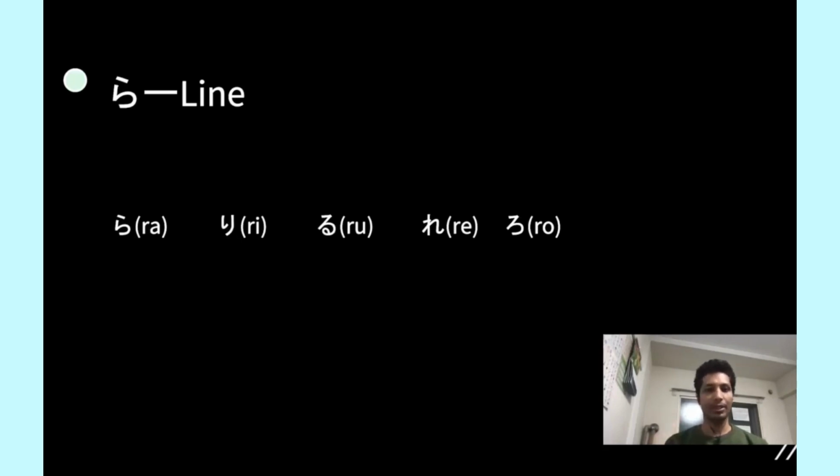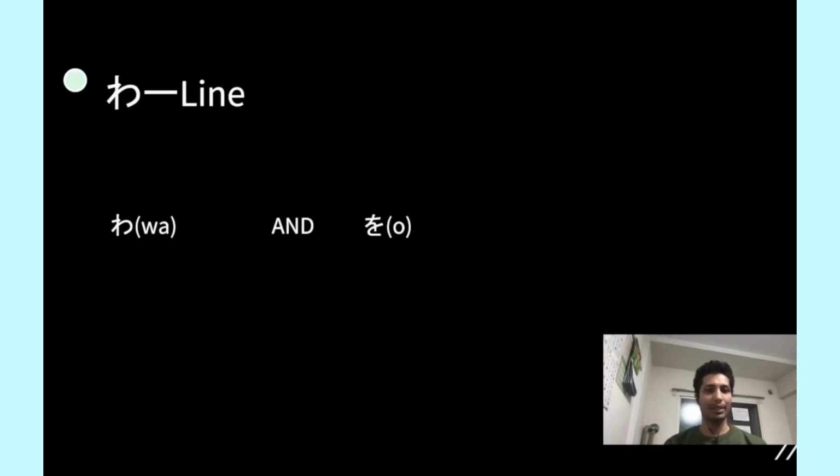Good, let us go. The wa line. Again, this is an exception, and in the wa line we only have two characters, wa and wo. Remember, wa is rarely used. However, wo is always used in sentences, because later on you will learn it is also an object marking particle.